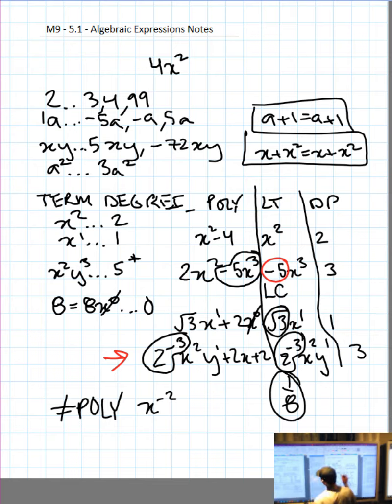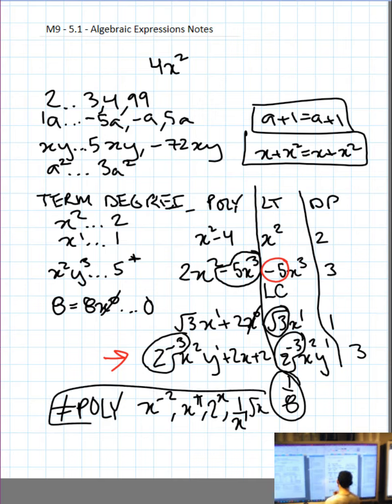So back down below, x to the negative 2, x to the pi, that's not 0, 1, 2, 3, etc. 2 to the x, 1 over x, which is actually just x to the negative 1, root x, log x, if you're going to take grade 12 anytime soon, sine x, not polynomial. Equal sign with a slash means not. Polynomial, obviously. Anything that is not the stuff that we worked on above.